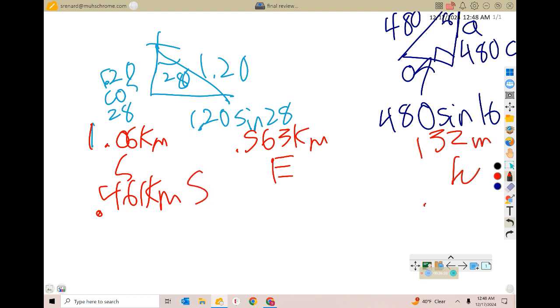The second leg, you want 1.06 kilometers south. So because we move south both times, we can add those together. You get 1.521 kilometers south.